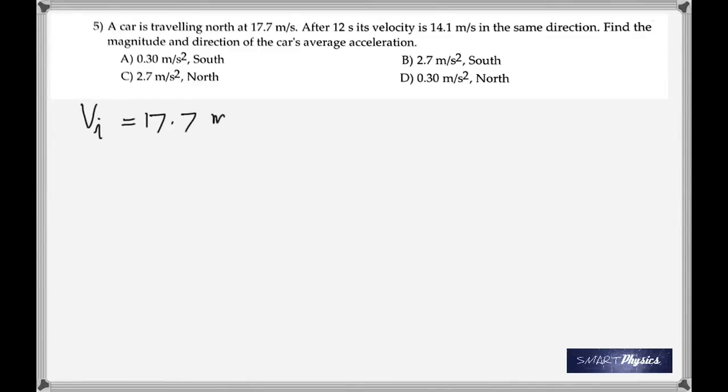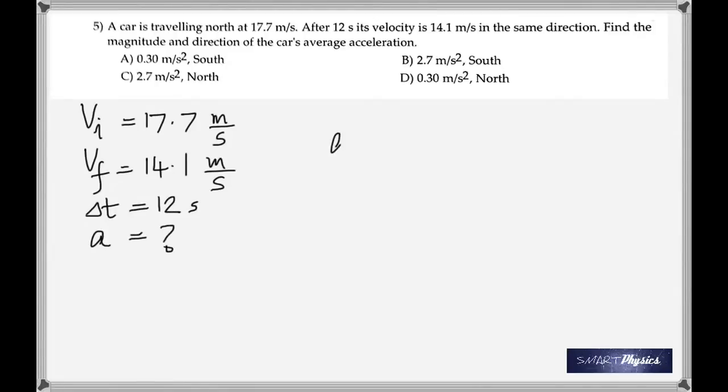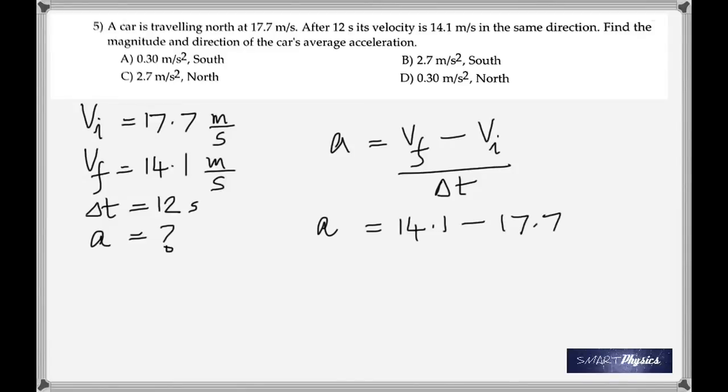And then the initial velocity is 17.7. The final velocity is 14.1. The time taken for that change is 12 seconds. And you can find the acceleration just by taking the difference between the velocities and dividing it by the time. And that gives 14.1 minus 17.7 divided by 12.